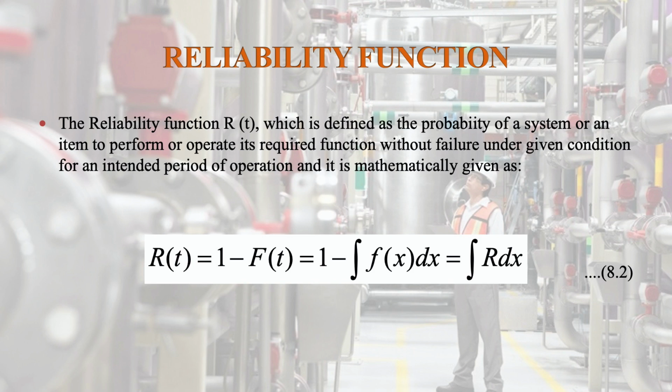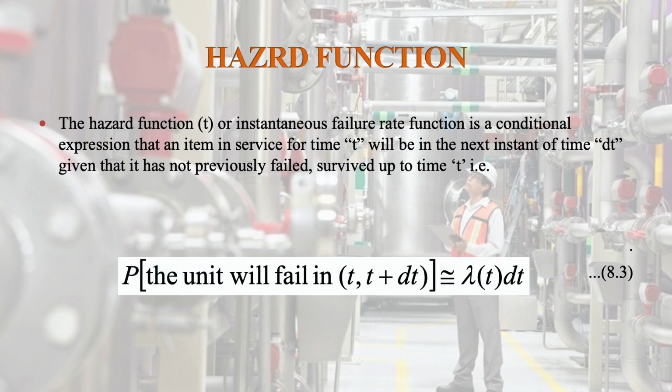Hazard function. The hazard function h(t), or instantaneous failure rate function, is a conditional expression that an item in service for time t will fail in the next instant of time dt, given that it has not previously failed, that is, survived up to time t.